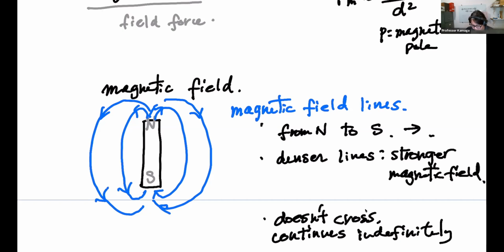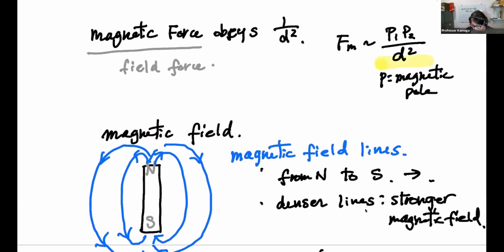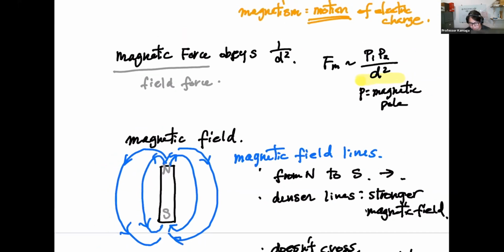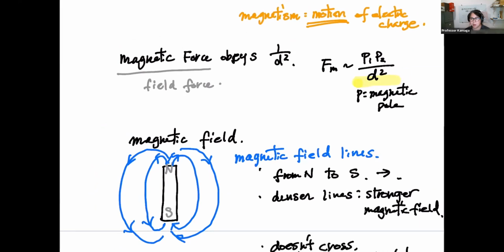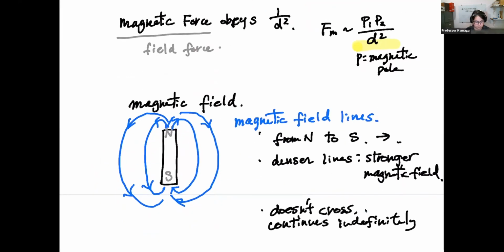It's because of this 1 over d squared. Even as you go to infinity, it becomes very small, approaching extremely close to zero, but it never becomes zero. So the line will continue out. It's very similar to electric field.